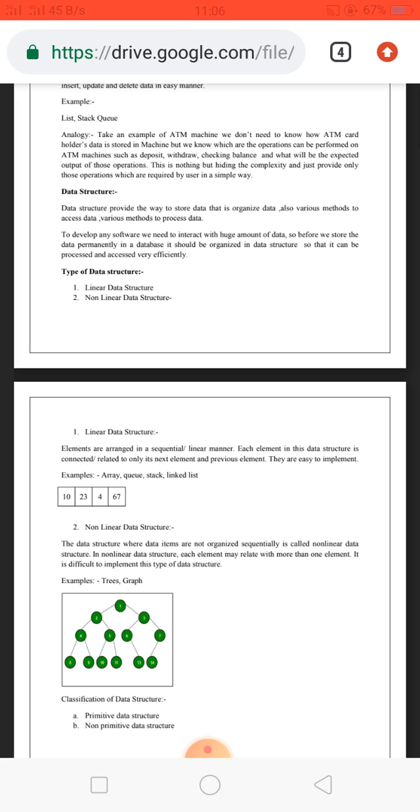Next is non-linear data structure, where data is not stored in a linear fashion. Data is stored in a non-linear fashion, which means you need to calculate what will be the next address, depending on the logic of that data structure. At address 0 you will store the first element. Then what will be the address of the next element?